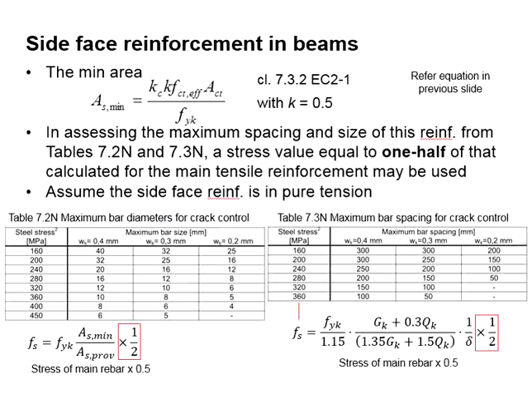do the calculations. Calculate the minimum bar areas, calculate the maximum bar diameter, and calculate the maximum bar spacing. These equations can be obtained from Eurocode 2, Clause 7.3.2.